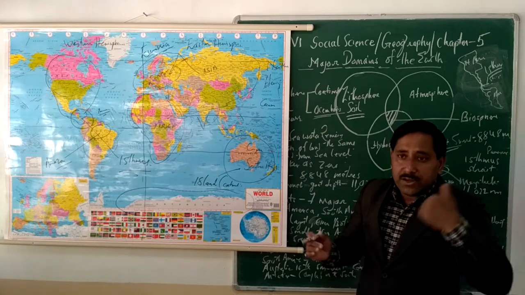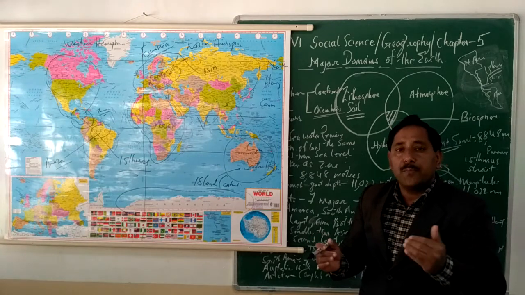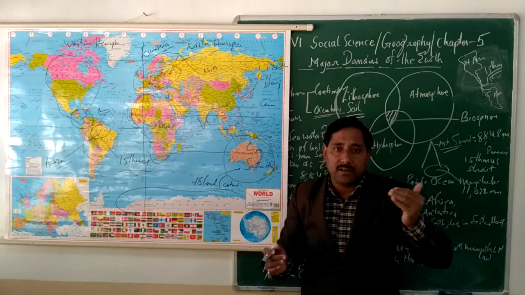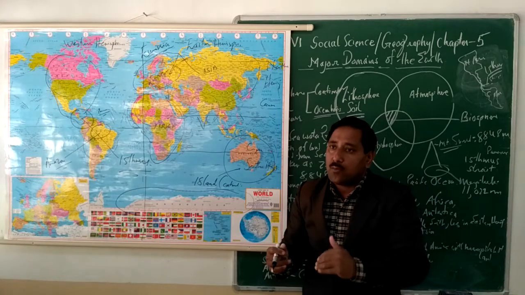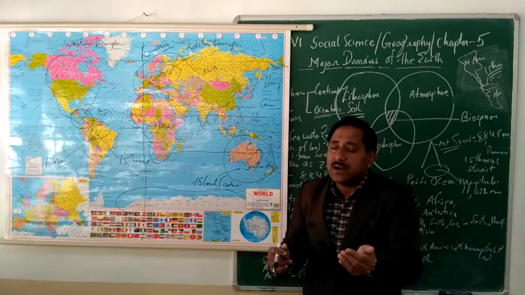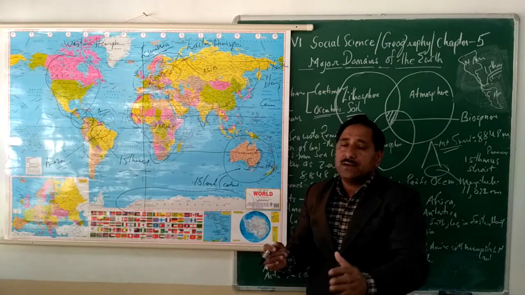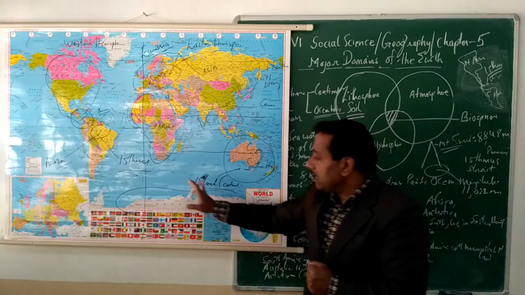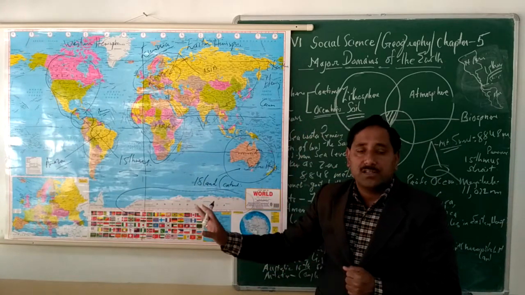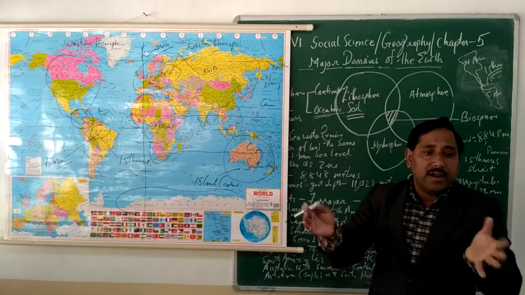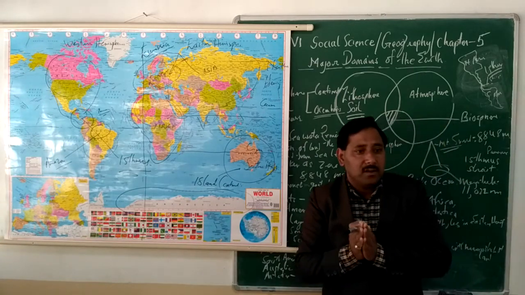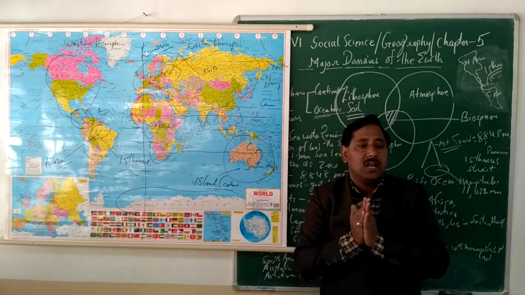But scientists, people related to the field of research, go there. Many countries send their scientists to this area for the purpose of scientific research. India also has some research stations over here.